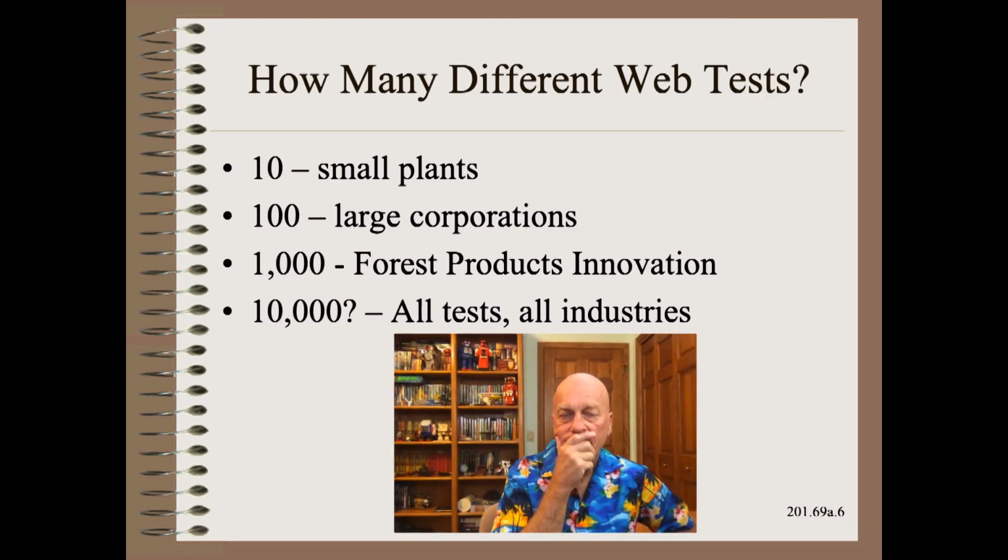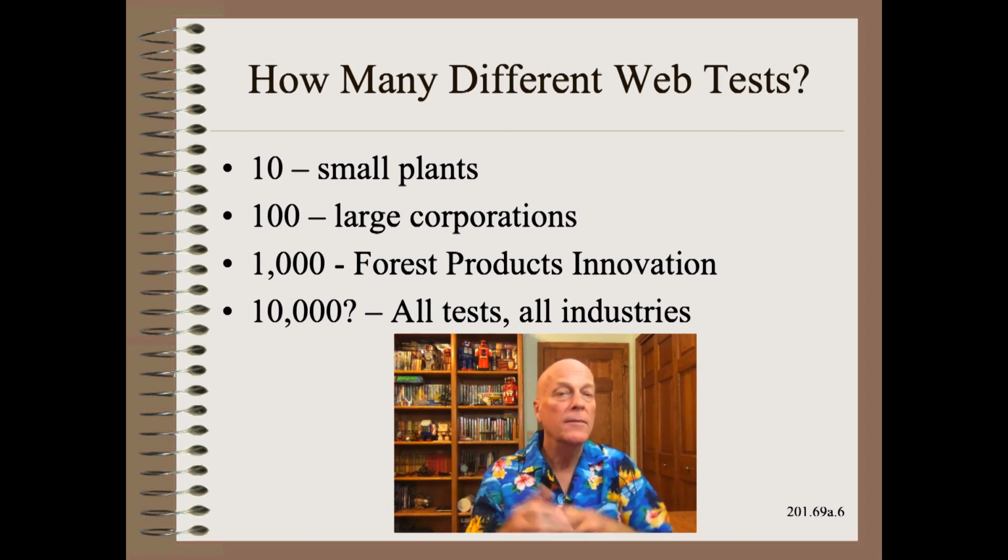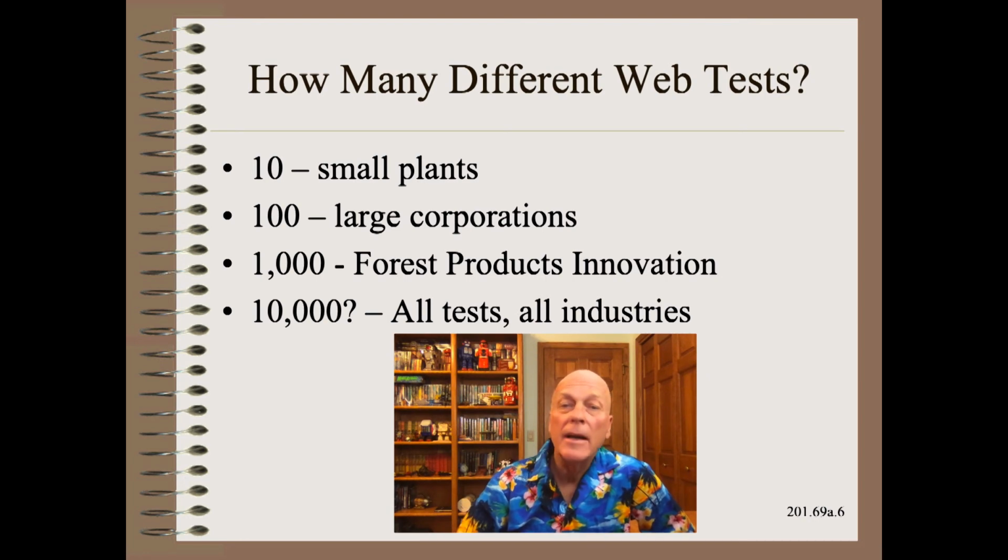So, how many different web tests might there be? Well, if you work in a small plant, you may only test perhaps 10 different properties. Larger corporations may have 100 tests that are routinely done in their many test labs on the wide variety of products that they make.